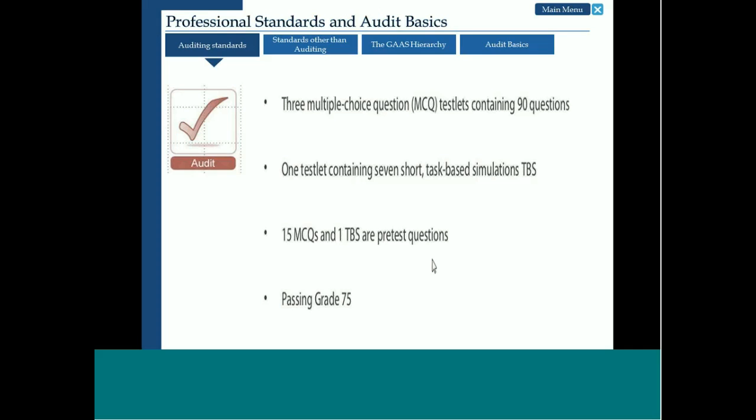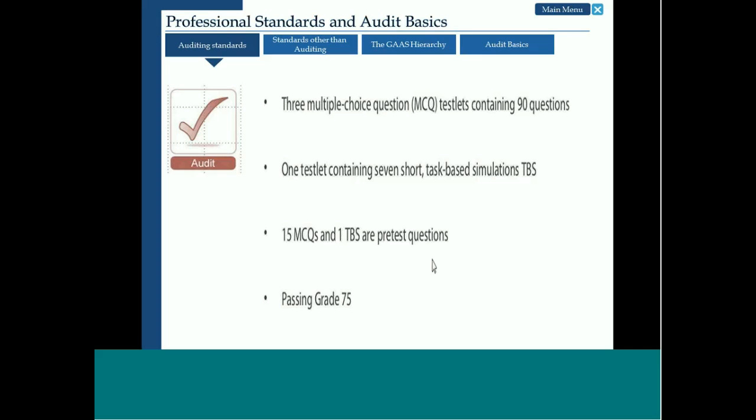So unfortunately, if you miss 1 simulation, and for a fortunate reason it is not graded, then you would have a great result. But ultimately, in the examination, you would not be able to identify whether these 15 questions or one task-based simulation are pre-tested or not graded. So you have to attempt all.